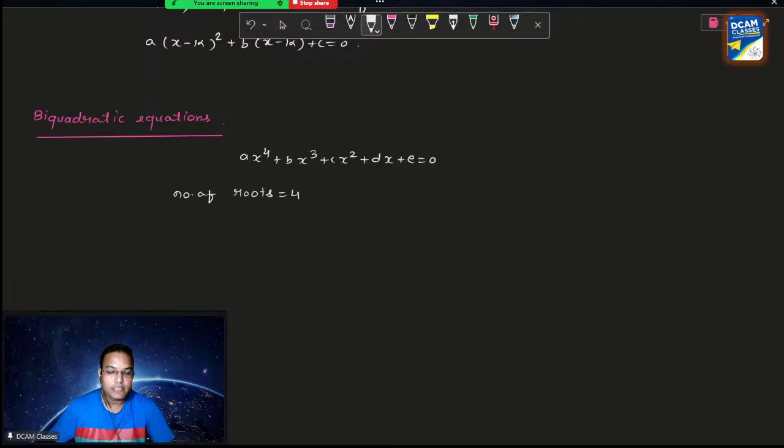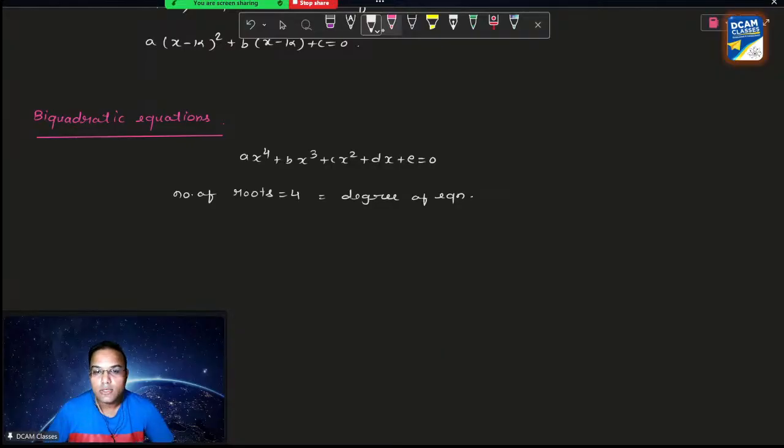Number of roots is equal to the highest power of the equation, or you can say the degree of the equation. If the equation has a degree of 4, it will have 4 roots.